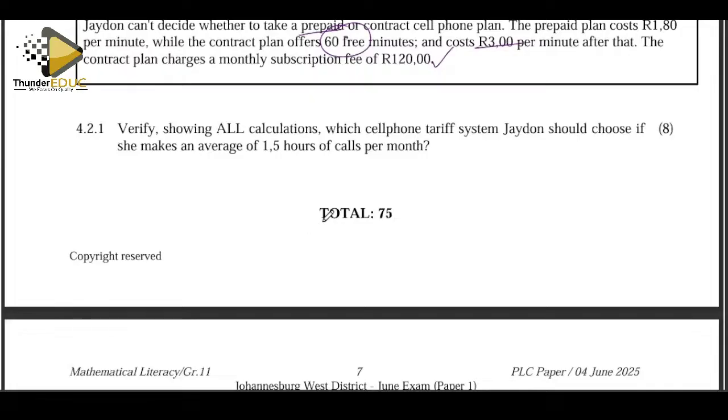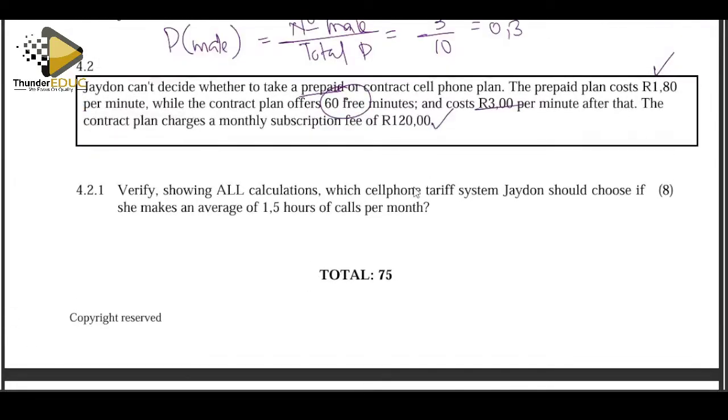What I want you to take note of is that the amount you have here is per minute. Then you have 3 rand here, also per minute. So we have 1.5 hours.